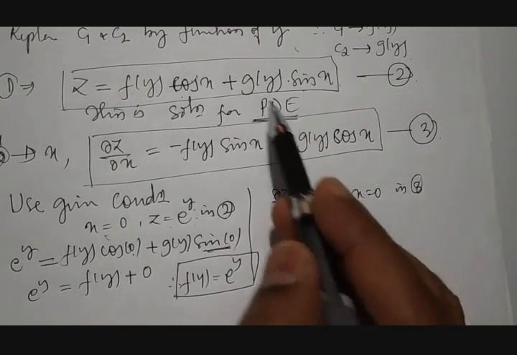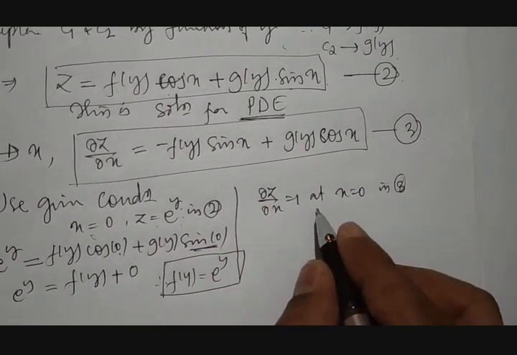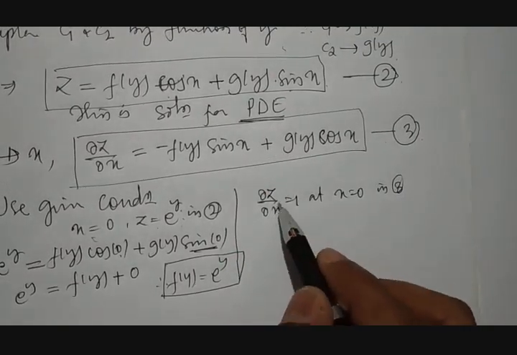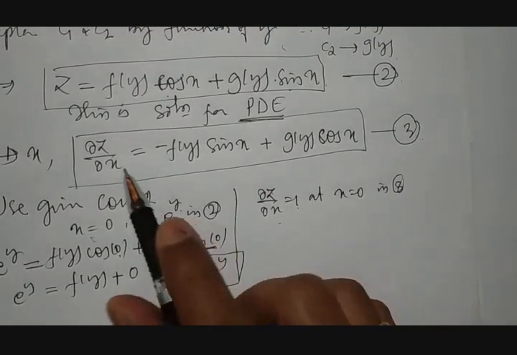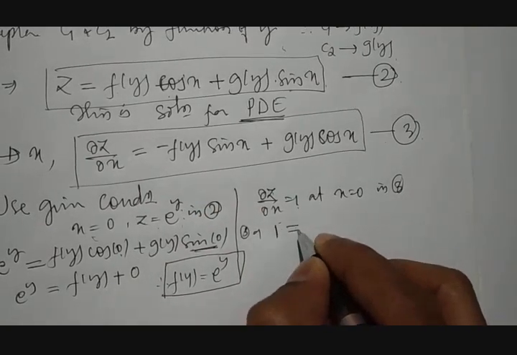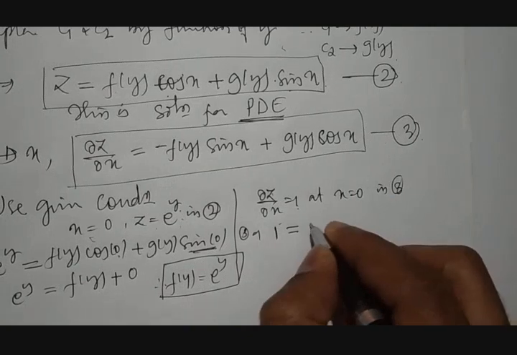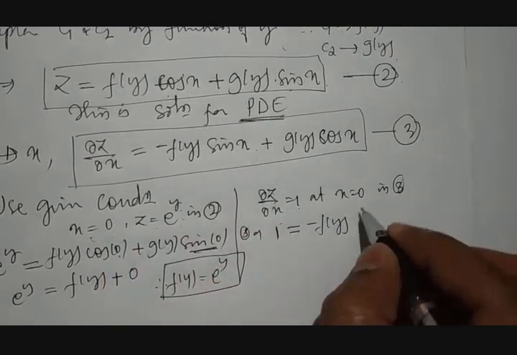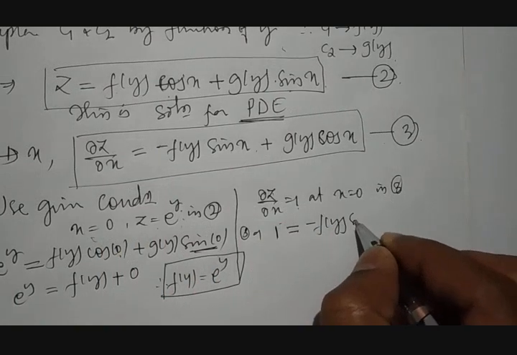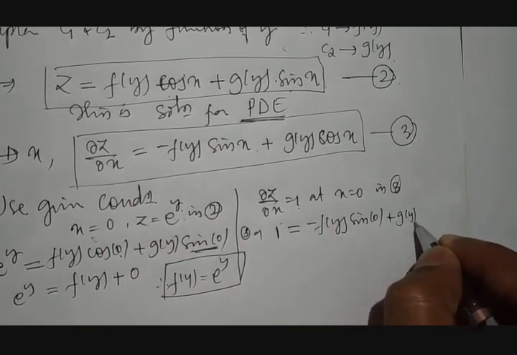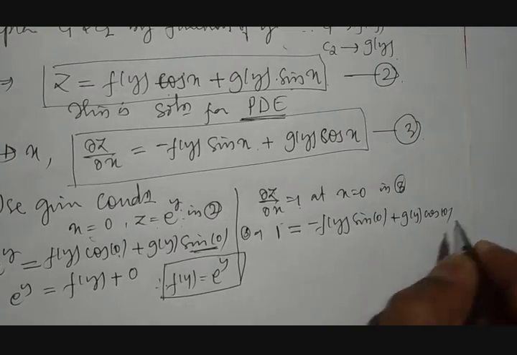Let us get the value of g of y also from equation number 3. In equation number 3 we put dou z by dou x is equal to 1. So it becomes 1 is equal to minus f of y into sin x, but x is equal to 0, so it is sin 0, plus g of y into cos 0.